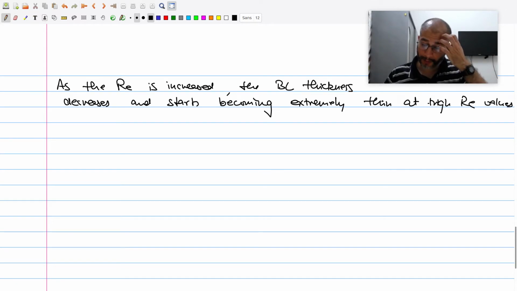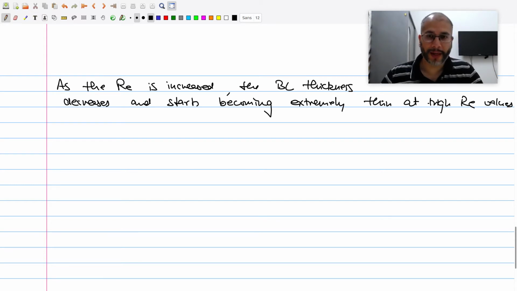The boundary layer thickness becomes extremely thin at high Reynolds number values, and in fact this is the idea that is used to split the flow into two parts and deal with the flow separately for the boundary layer region and the inviscid or the free stream region. We won't discuss that here, but I just want to make the point that it is a technique that is used when the boundary layer is thin, that is, at high Reynolds number on external flows.